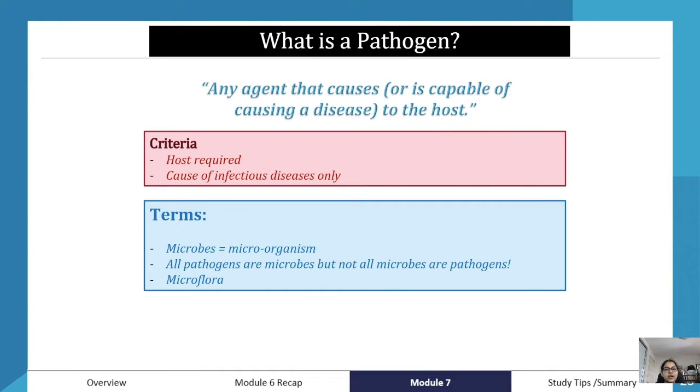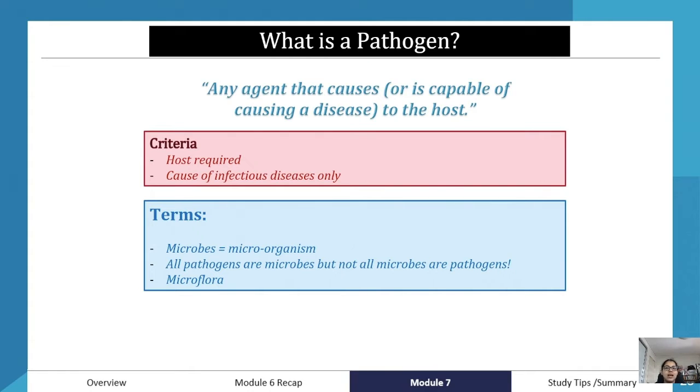So the criteria for a pathogen to succeed is that firstly it needs a host in order to hijack the host's cells, or in whatever way they operate.